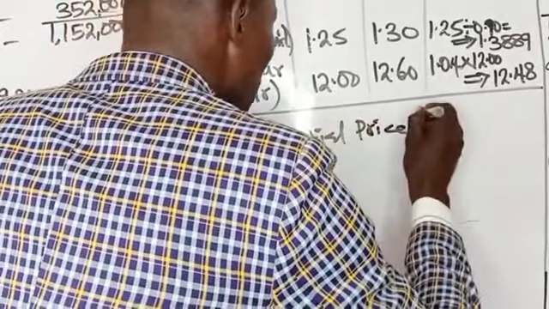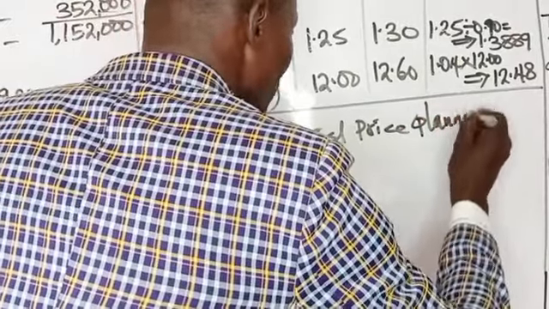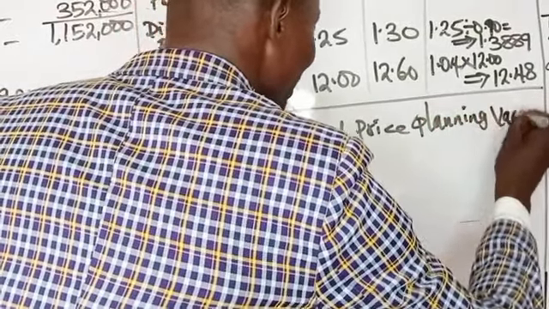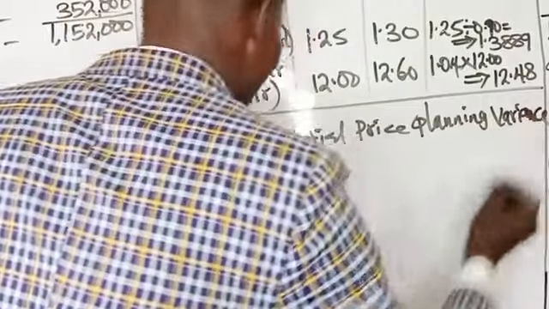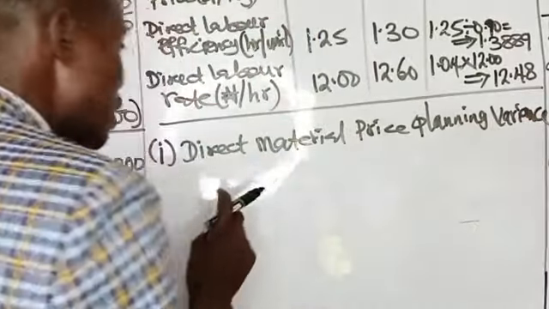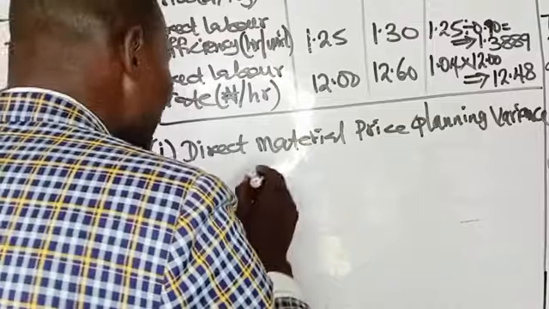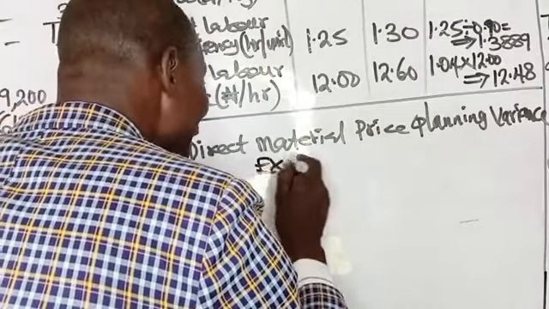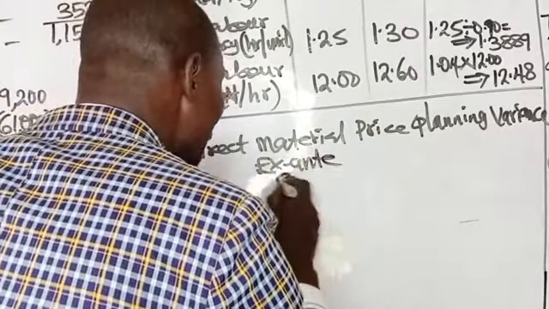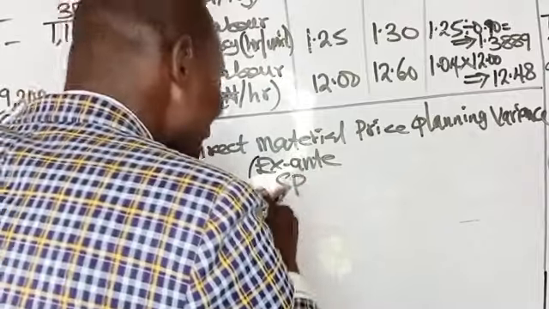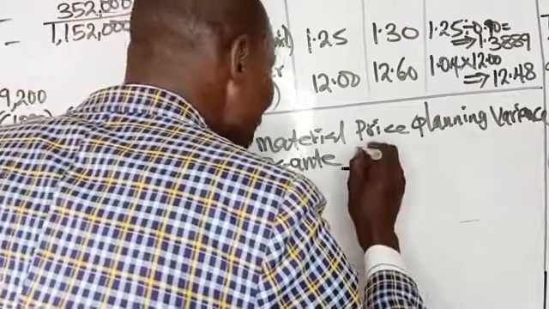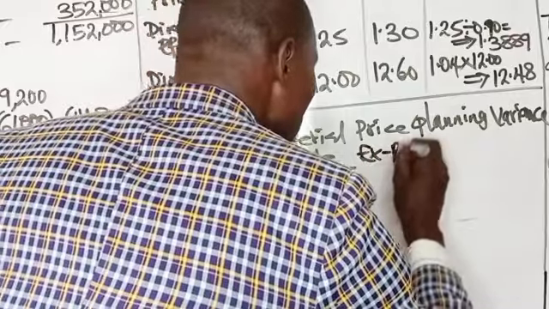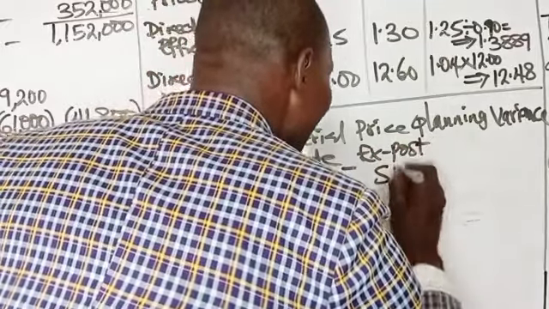So now, direct material price planning variance. In planning variance, we want to compare the ex ante with ex post. So we have ex ante standard price minus ex post standard price.